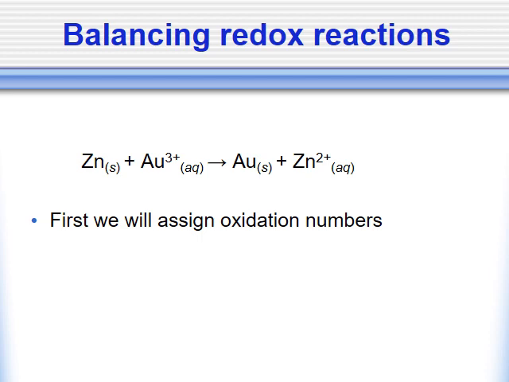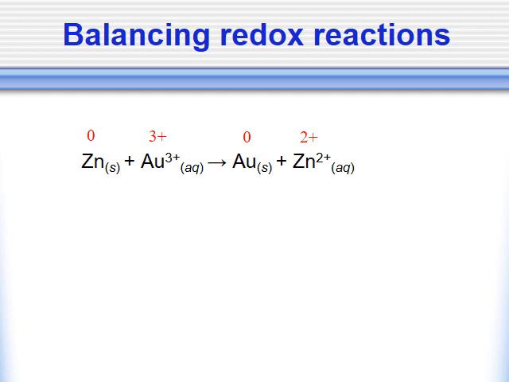So first we're going to assign oxidation numbers. Zinc has 0. In the reactant side, zinc 2+ has a +2 oxidation number. Gold 3+ has an oxidation number of, wait for it, 3+. Solid gold, of course, oxidation number of 0. Now we're going to place our bridges.